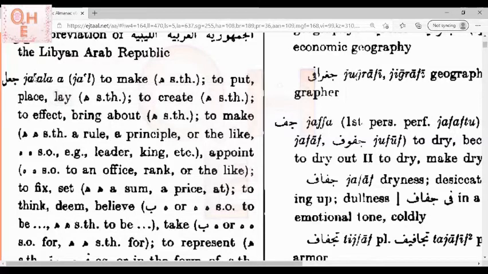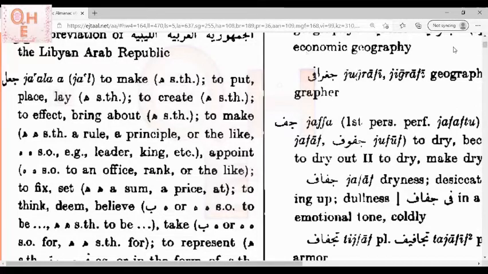Ja'ala, and the a is for ain, so ain will get a fatha. So how will I construct the present tense? Ya fatha, first root letter jim sukun, second root letter ain fatha, last root letter dhamma. Yaj'alu. So the pair of patterns for past and present becomes what? Ja'ala, yaj'alu. And the base meaning is to make or to put.